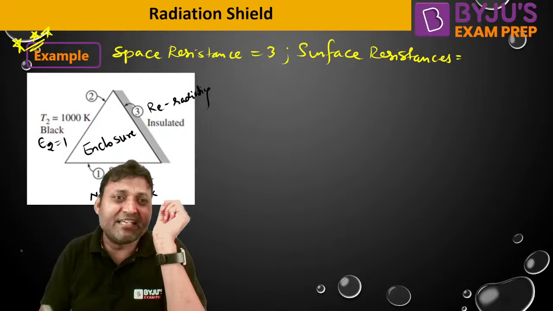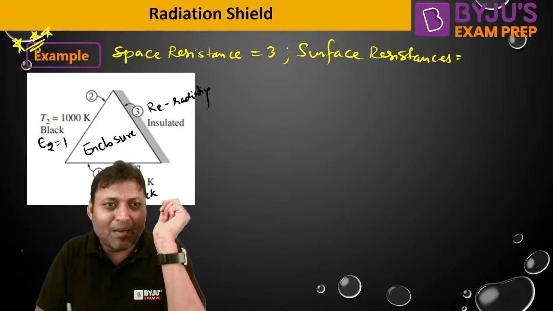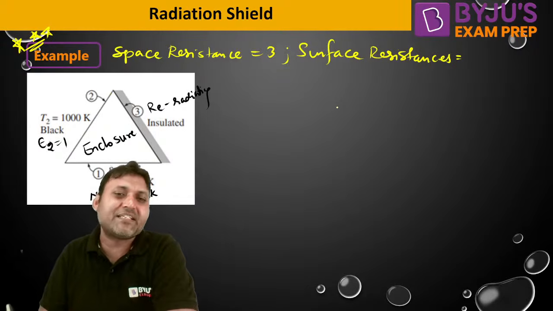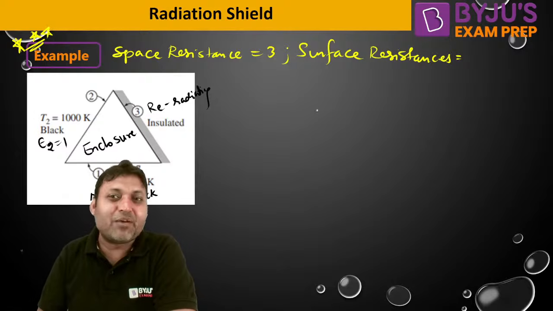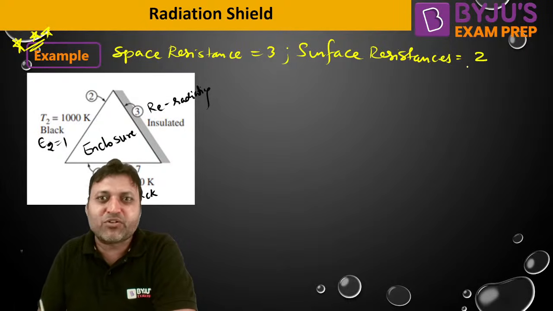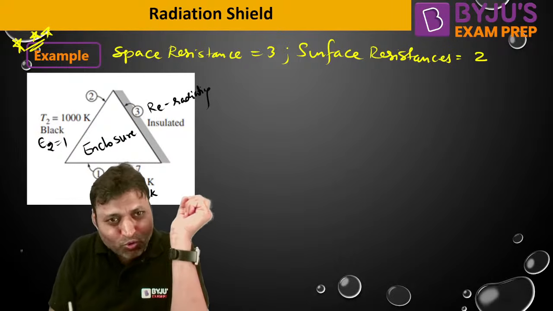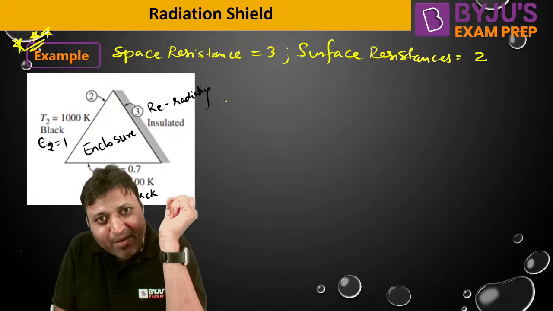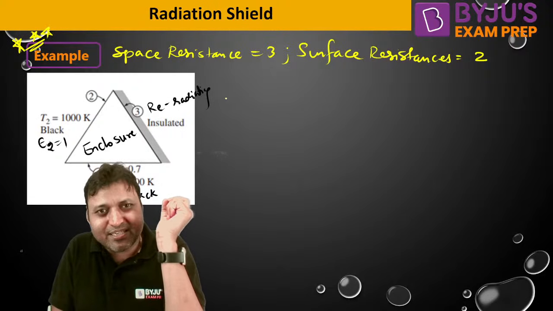A black body will not have any surface resistance. The non-black body and the insulated medium will have surface resistance. So the number of surface resistances will be 2. So how to draw the circuit diagram? So there will be a total of 5 thermal resistances.